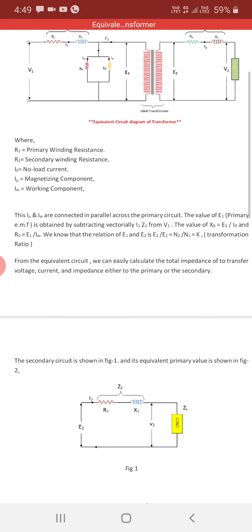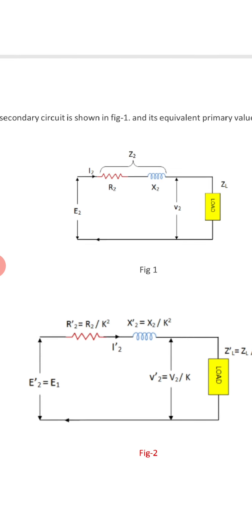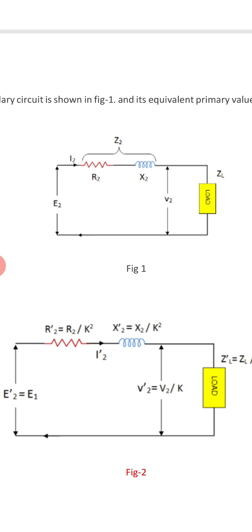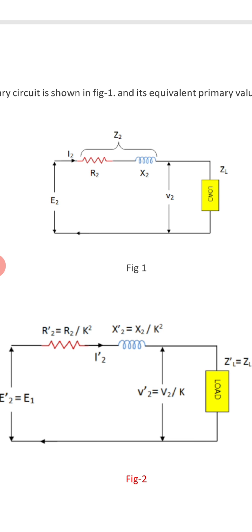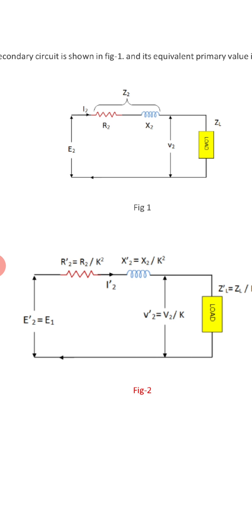So looking at the secondary side, the secondary winding has its own parameters, as it has its winding resistance R2 and its own inductive reactance X2. But as I said earlier, for a simplified circuit, we will draw a single circuit instead of drawing the primary and secondary circuits differently.